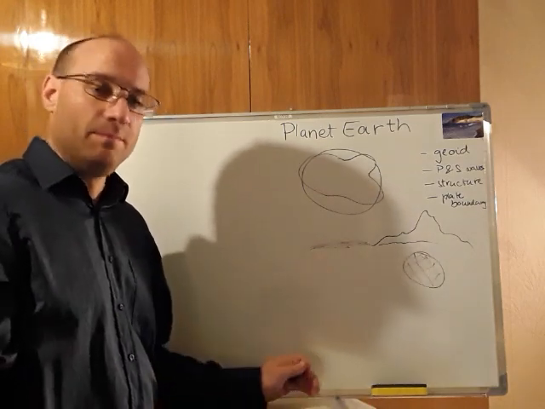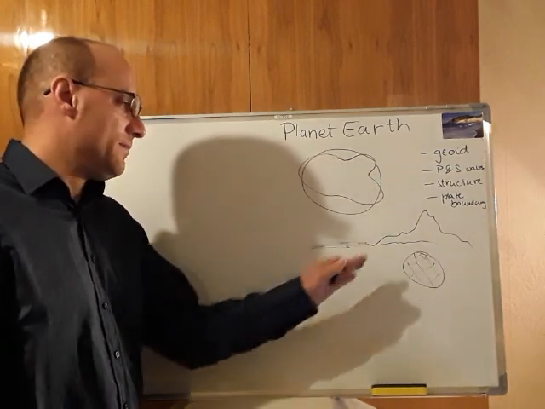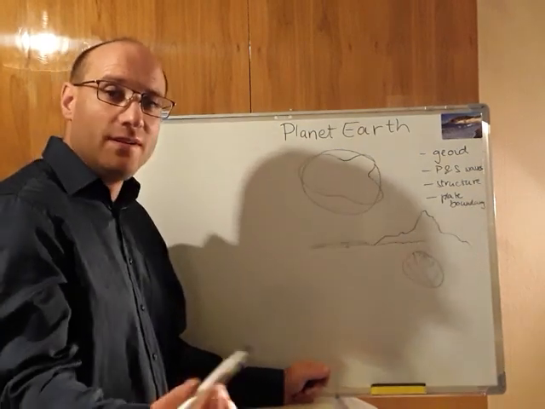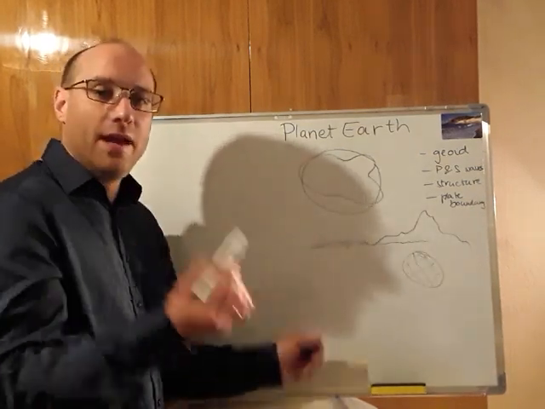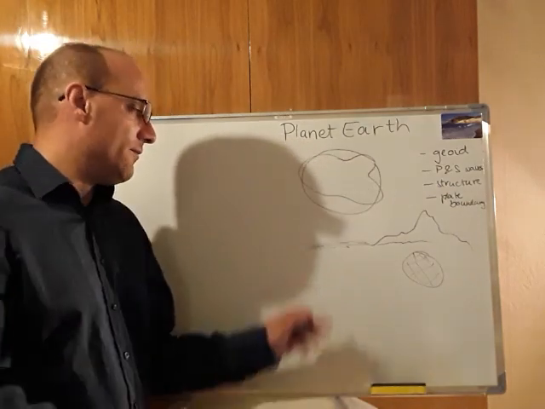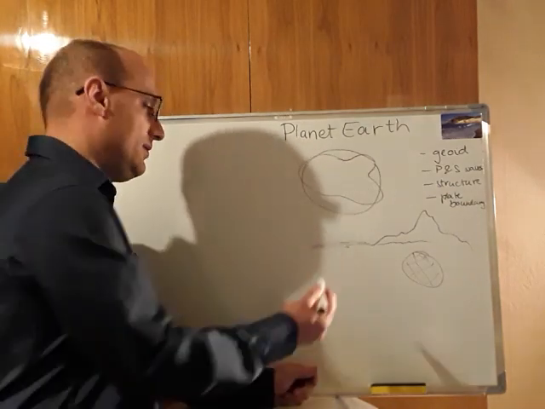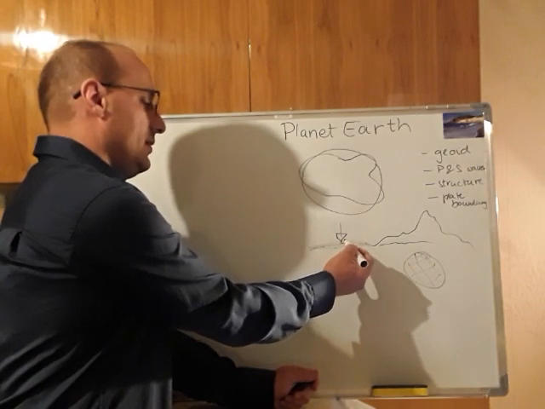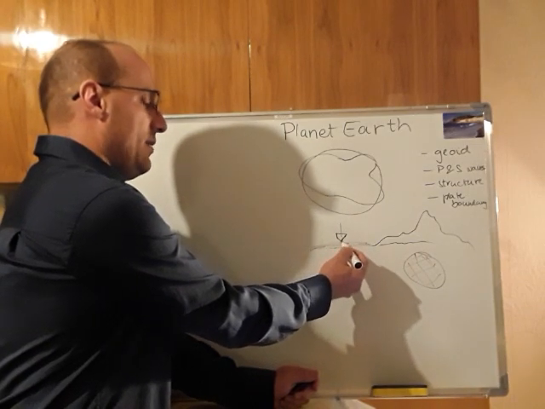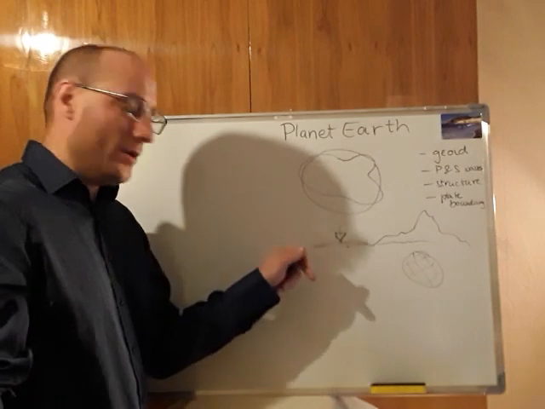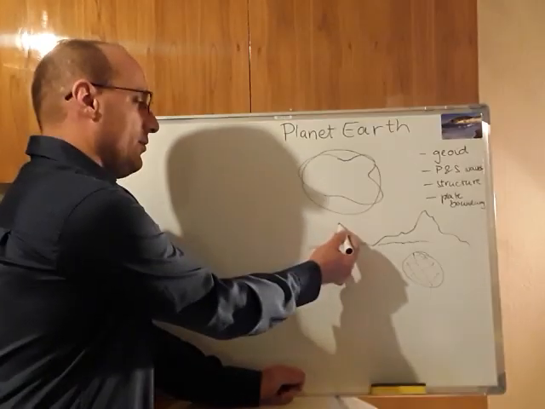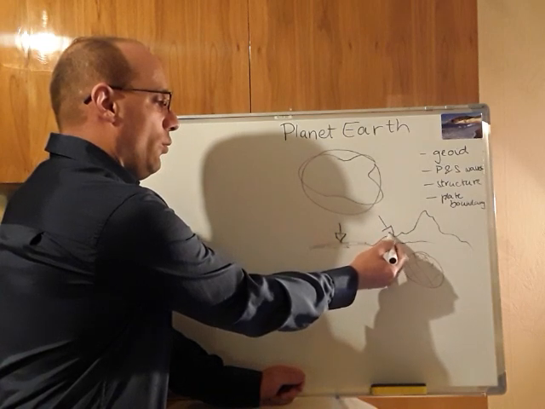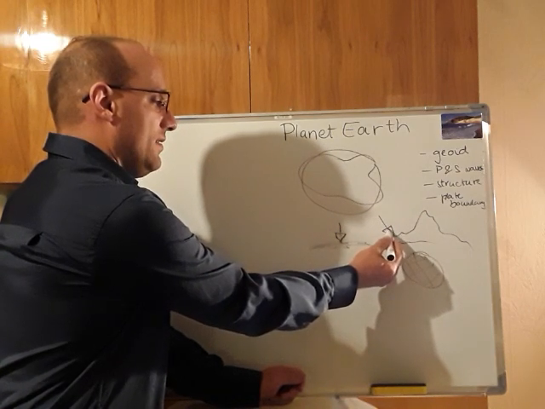That's where we would find differences in gravitation, and the gravitation would be measured by a volume and by a direction. So if we have the geoid shape, the gravitation will be pointing in a certain direction, and this will not always be pointing in the same direction.